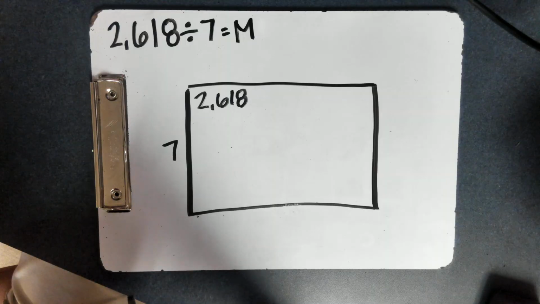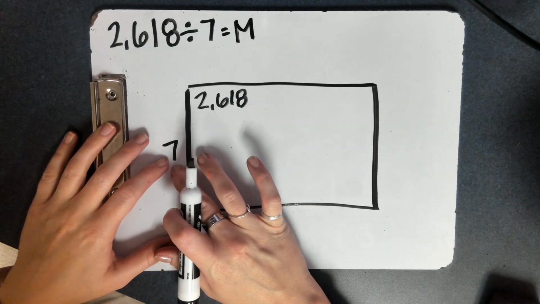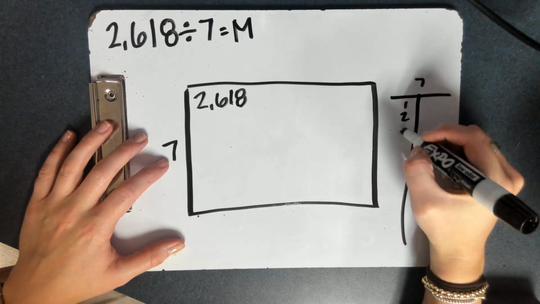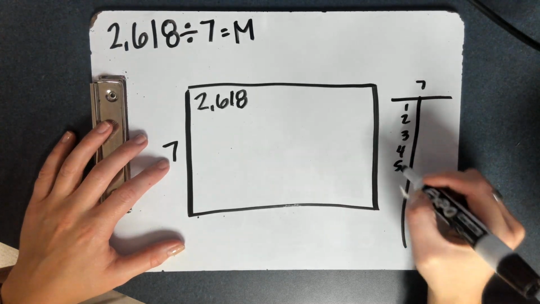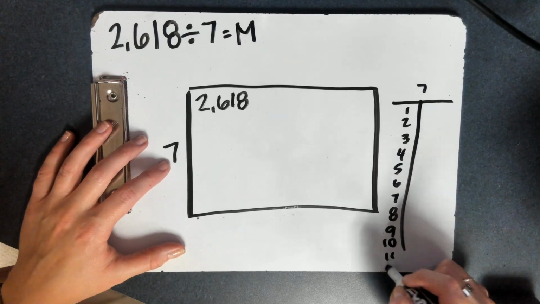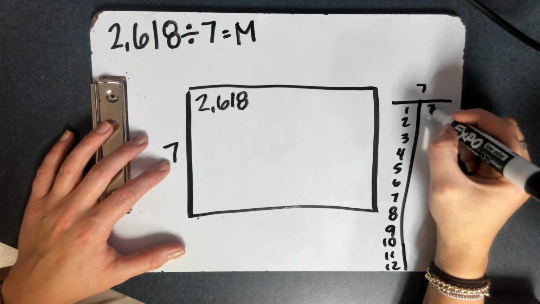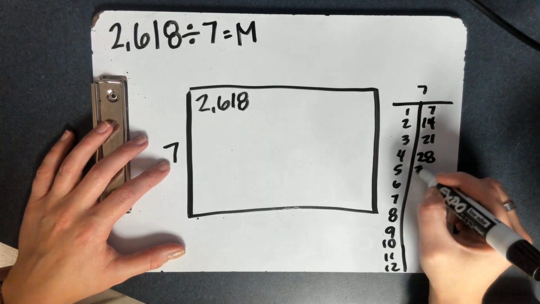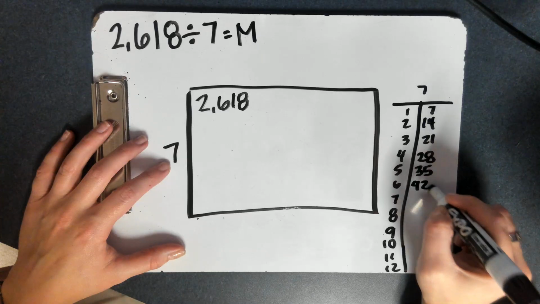I'm going to use that same strategy where I have 7, so I need my 7 facts. 7, 14, 21, 28, 35, 42.